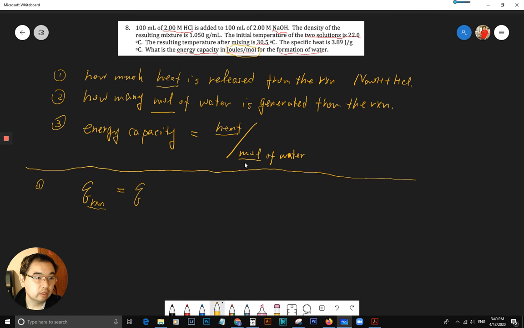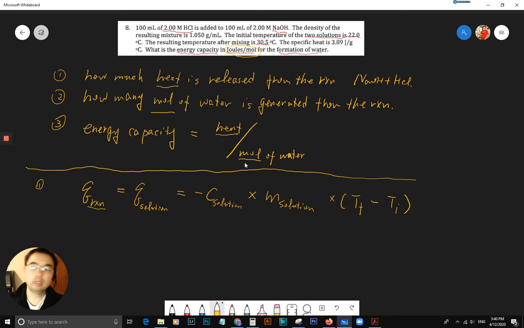The solution gains the heat, so the solution temperature is raised. So that is equal to the negative of the specific heat of the solution times the mass of the solution, times the final temperature of the solution minus the initial temperature of the solution.